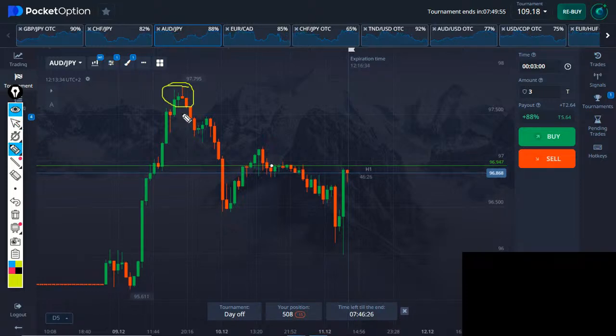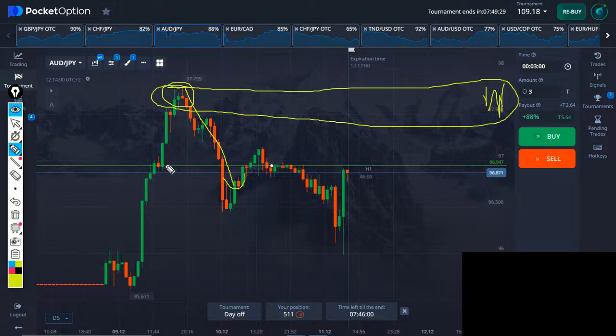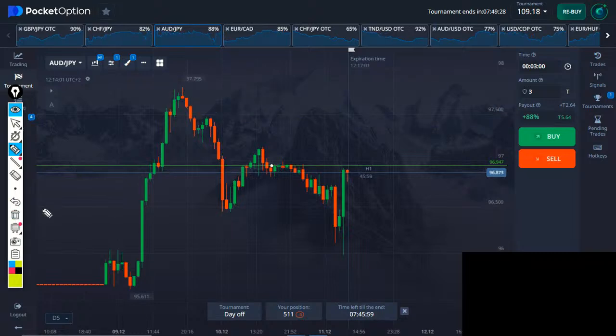Because we know for a fact market makers like the prices over here, this area. They like the price over here. Whoever is holding AUD Japanese is okay and likes to sell using this level, right?